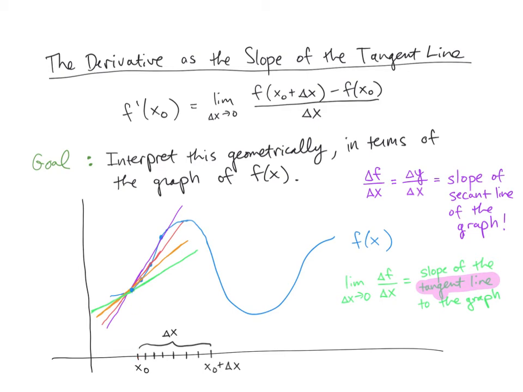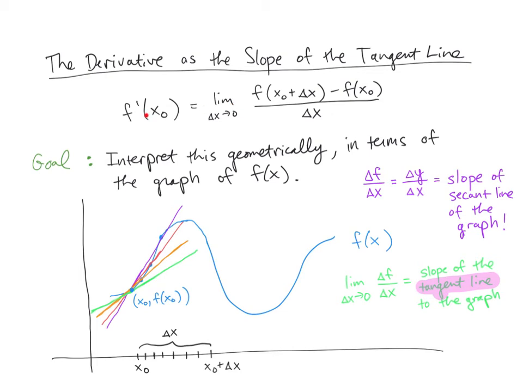I should probably indicate this blue point here is x0, f of x0. And this green line is called the tangent line to the graph at that point.